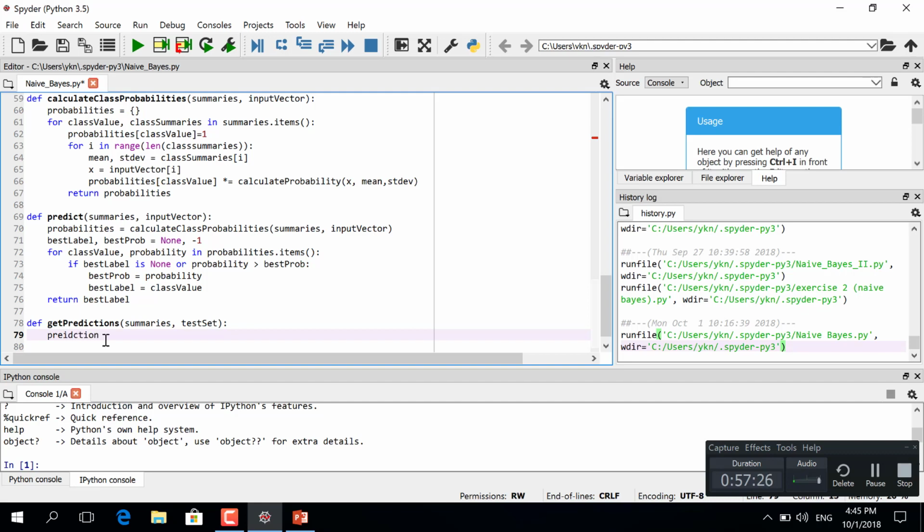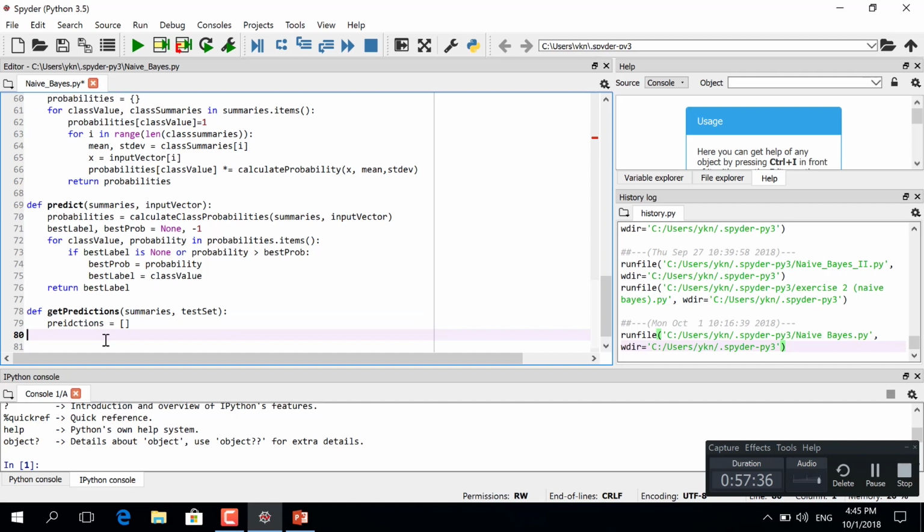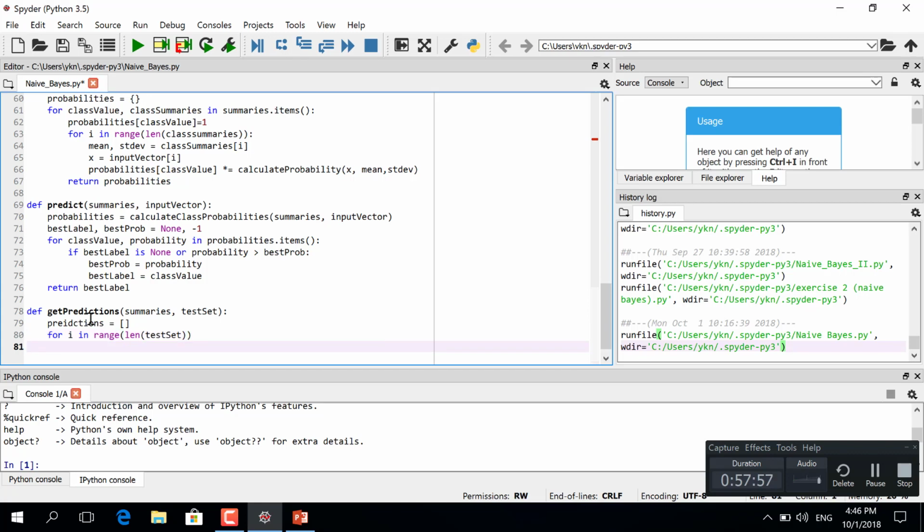The prediction is quantified, and therefore we have the brackets, and then for i in range of length of the test set, we can extract the result.